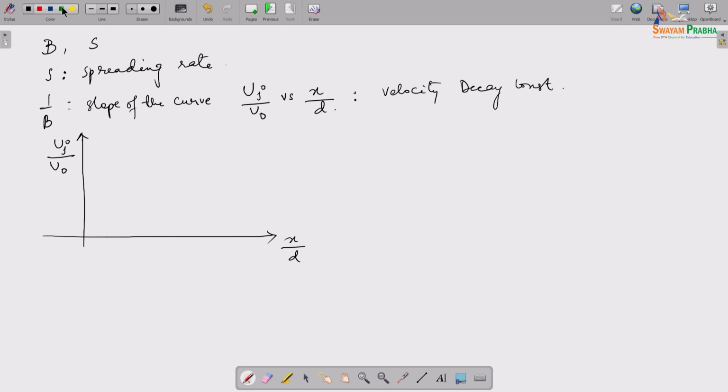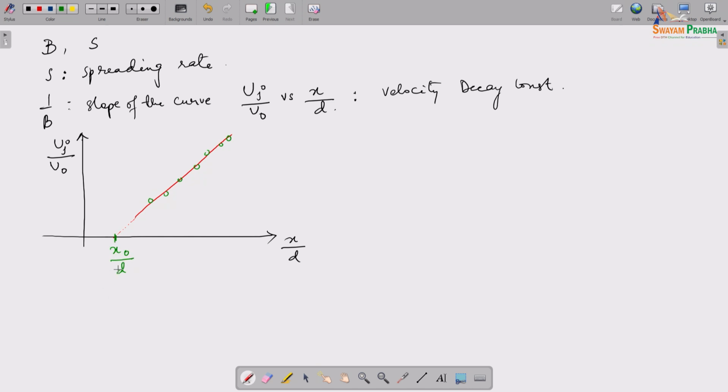We had found several of these experimental data points, and you could draw a line through them, which would intersect the x axis here. I'm going to call that x naught by d.